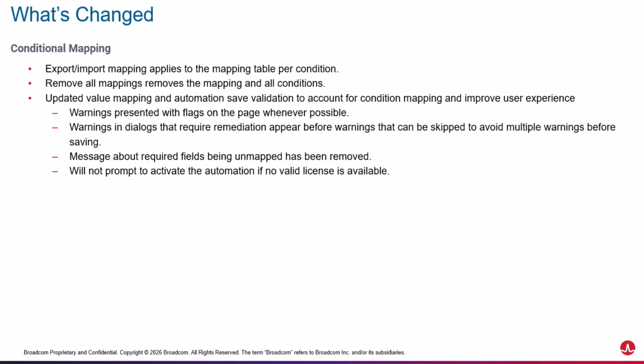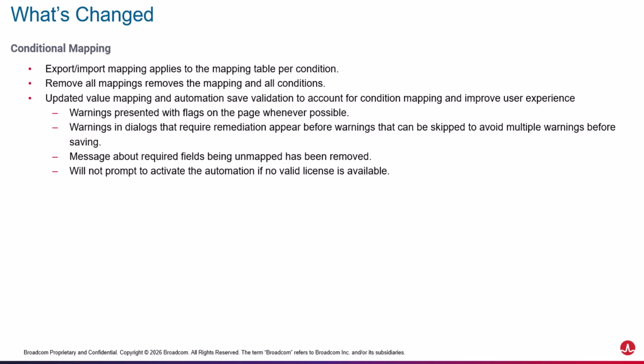The prompt to ask if you want to activate your automation only appears if there is a valid license. So you won't get the case where it says, "Do you want to activate the automation?" and you say, "Yes, I would," and it says, "Nope, too bad." You also won't get that prompt, or any of the prompts to skip, if there are blocking validation errors.